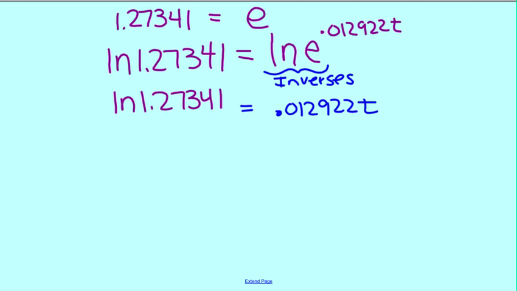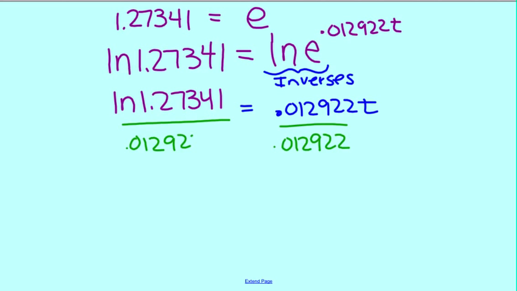Last step, just to divide both sides by that decimal value so that the t is by itself. Cancel on the right. t is left. Enter the fraction into your calculator, and you get approximately 18.7.